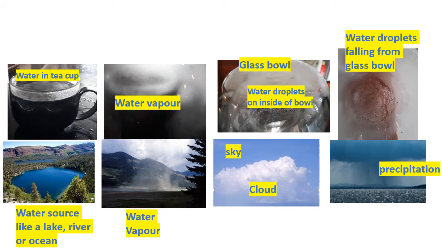The glass bowl represents the sky. The water droplets on the inside of the bowl, that's the condensation, represents the cloud. And so when the water droplets fall from the bowl, that represents rain, which is a kind of precipitation.